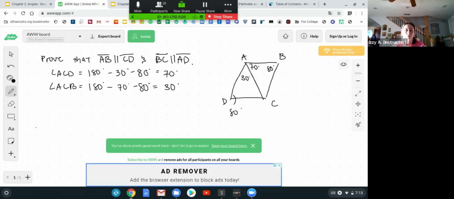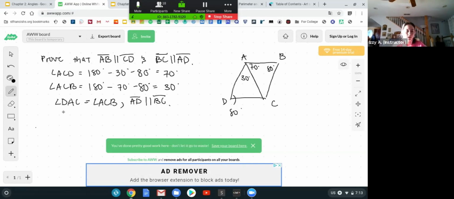So once we have gotten that down, we can figure out that angle DAC is equal to angle ACB, meaning that segment AD is parallel to segment BC.